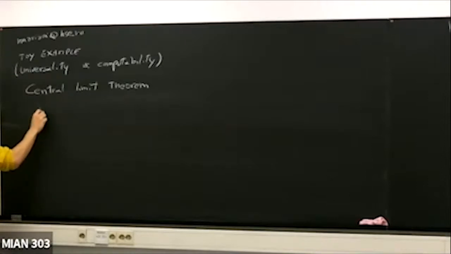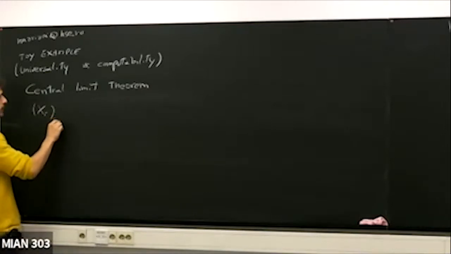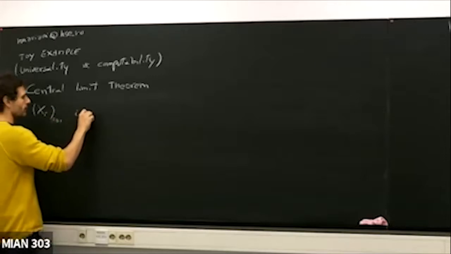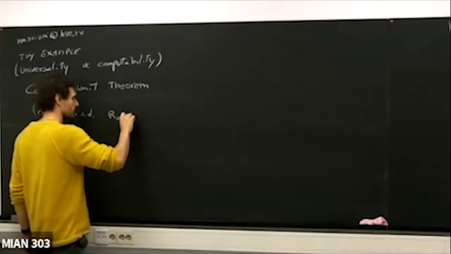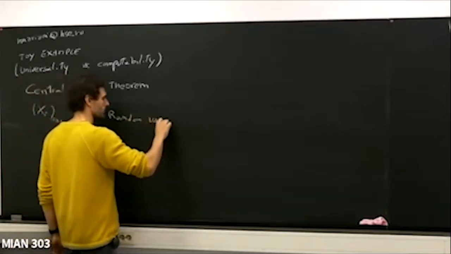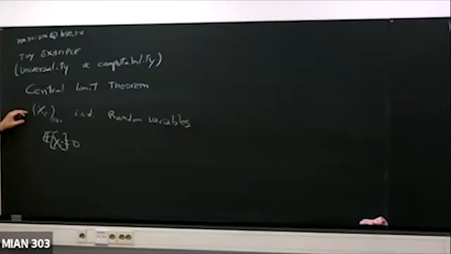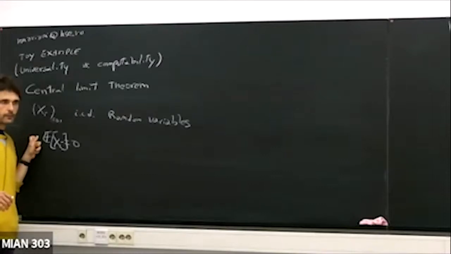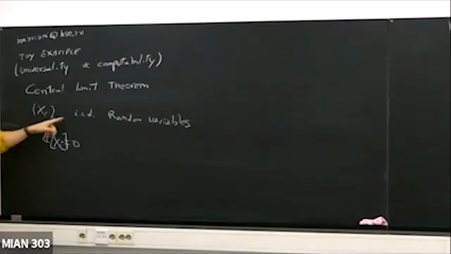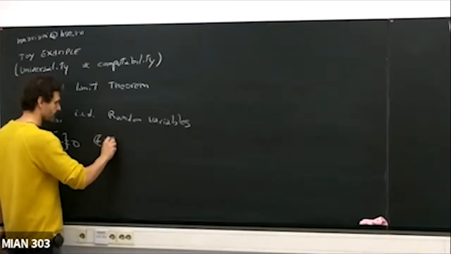Of course it's much more general, but if you have a family of IID random variables, you remember this theorem, yes? So say that the expectation is 0 and the variance is 1.